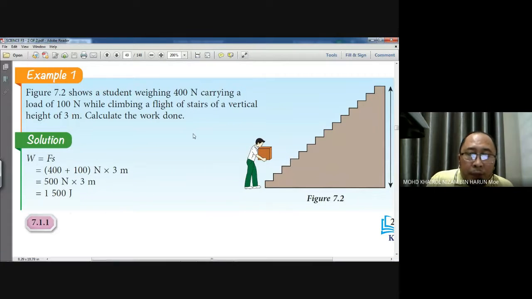Now look, this student will move along this stair, carrying a load, an object that weighs 100 Newton. So the weight of this boy is 400 Newton.